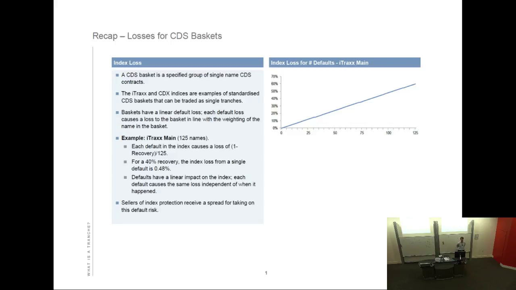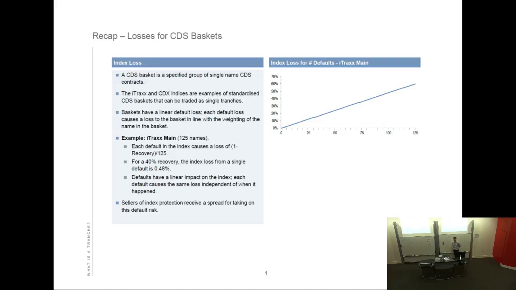So each name has 1/125th, so a bit less than 1% of exposure, so that each default in the index causes a loss of whatever that name's loss is, 1 minus the recovery of the name, divided by 125, as a percentage of your basket notional. Okay? So for example, if we assume that a name defaults with a 40% recovery, the loss on the index from that default is going to be 0.48%, because that's 60% divided by 125.